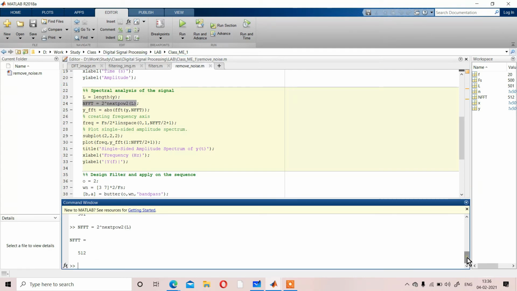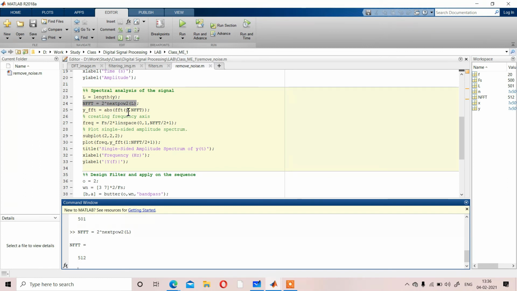So it is okay if we have a signal length of 501 and you are considering 512 samples to display. It will not be a problem. It will show all the results. Then we are simply doing the Fourier transform, FFT, and we are considering the absolute value because we are going to display the magnitude.